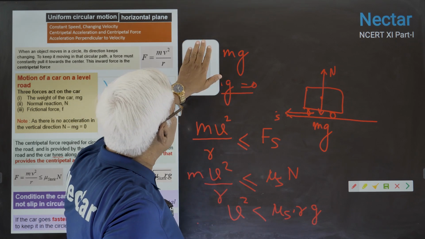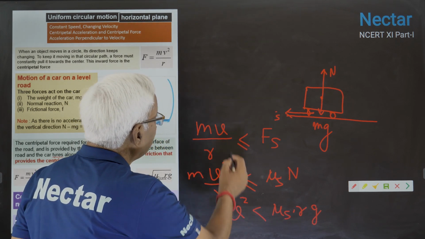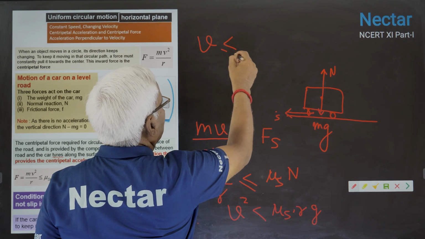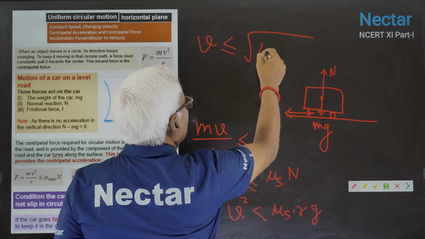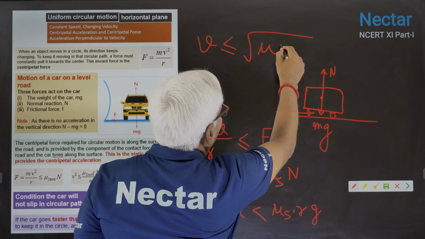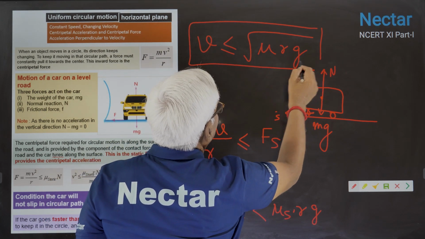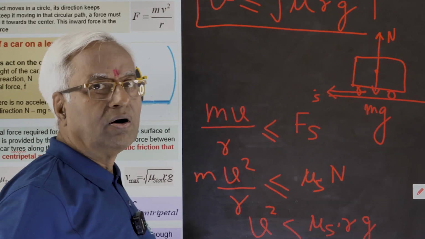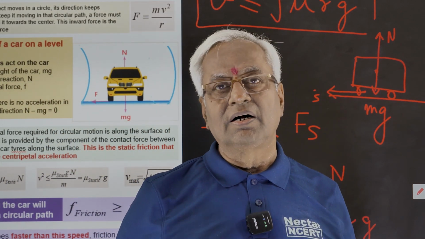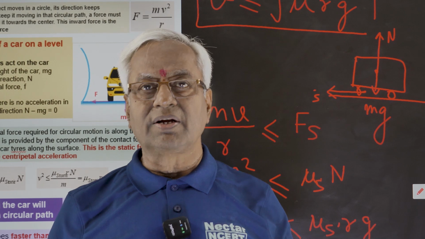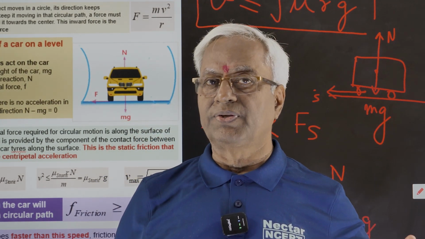You get the condition here: v less than or equal to root of mu s r g. This is the condition for avoiding the skidding of a vehicle on the surface.